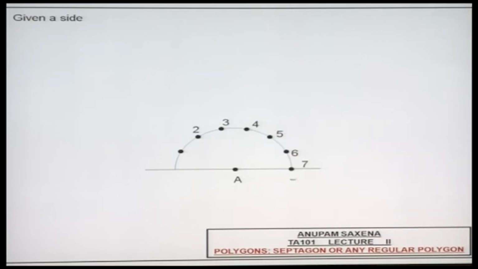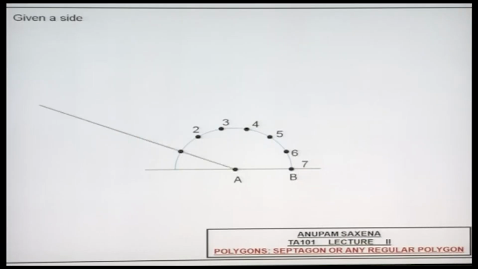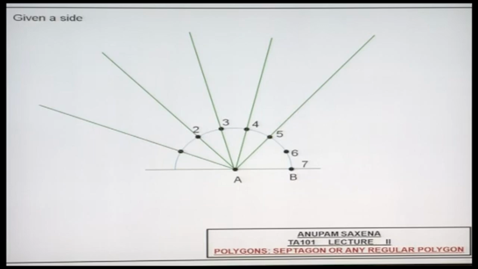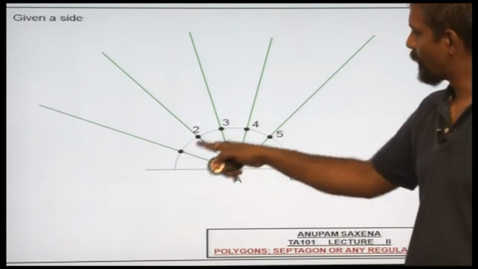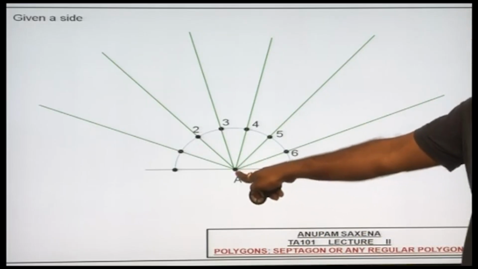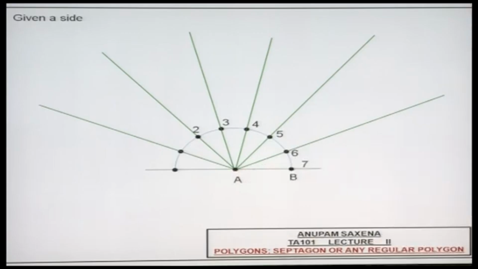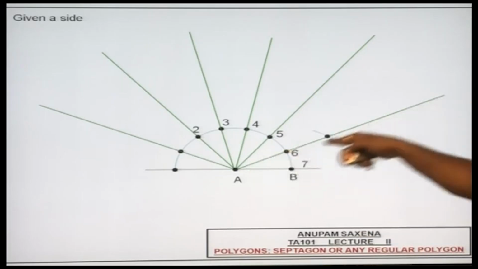Right? Oh, well, this happens to be the center of this semicircle over here. Name that center as A, and one of the ends of the semicircle as B. Now draw radial lines in such a way that they connect this point A here and all these points on the semicircle. Once you're done with that, take this as your reference distance. Mark that on your compass with point 7 as center. Mark an arc on this edge.